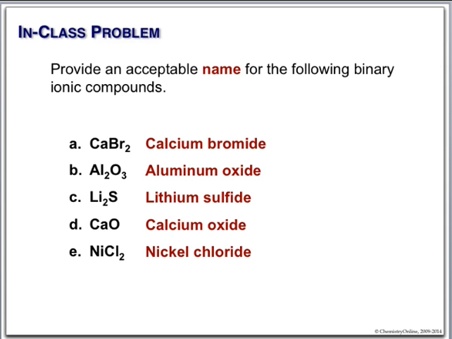Therefore, we'll see in just a little bit. To properly name this, we would have to indicate what the charge is on our nickel. We know that chloride is going to be -1, right? So if this guy is neutral, nickel must be +2. We will do this by writing nickel 2 in Roman numerals immediately after the word nickel, space chloride.